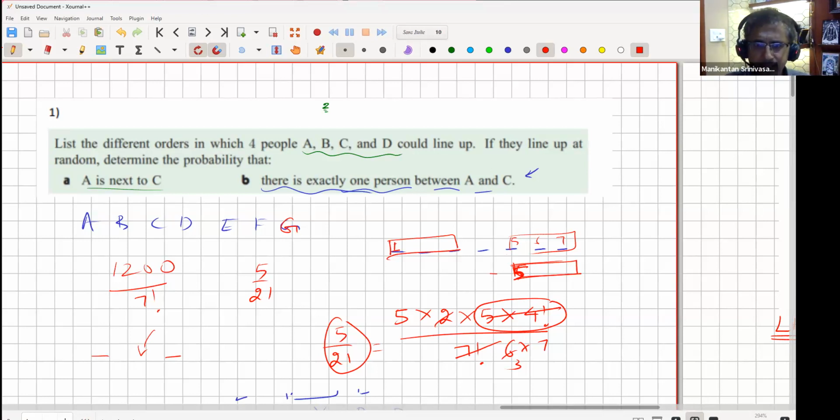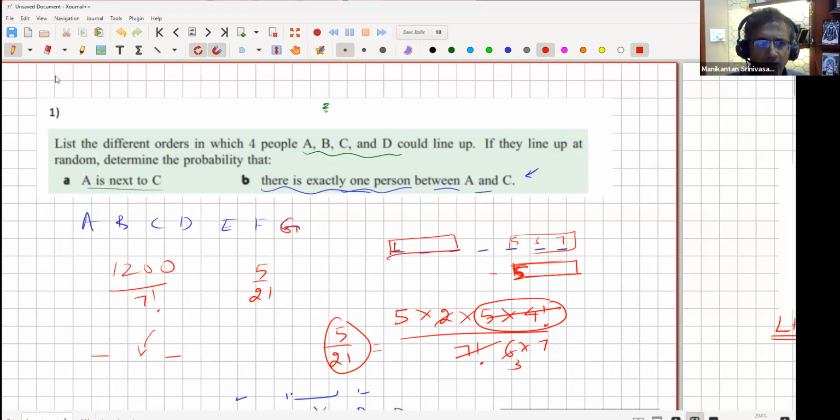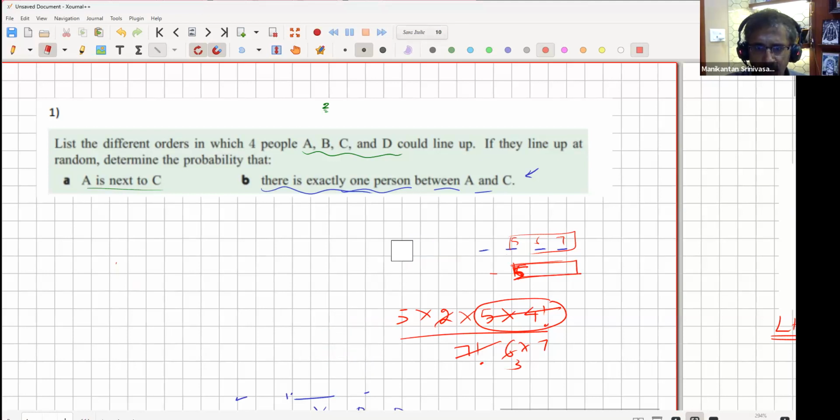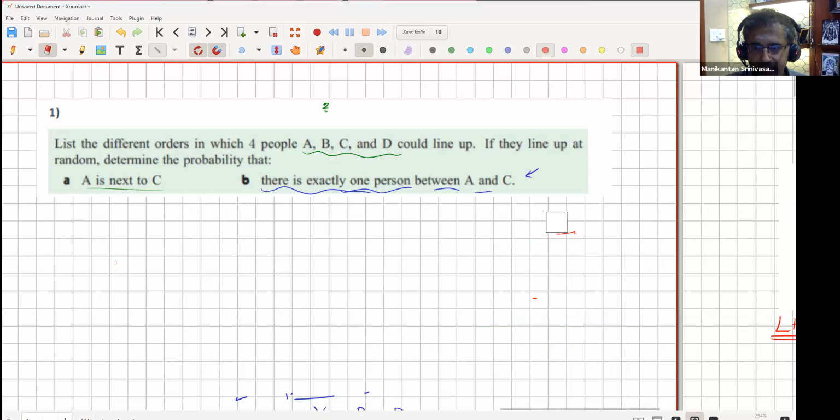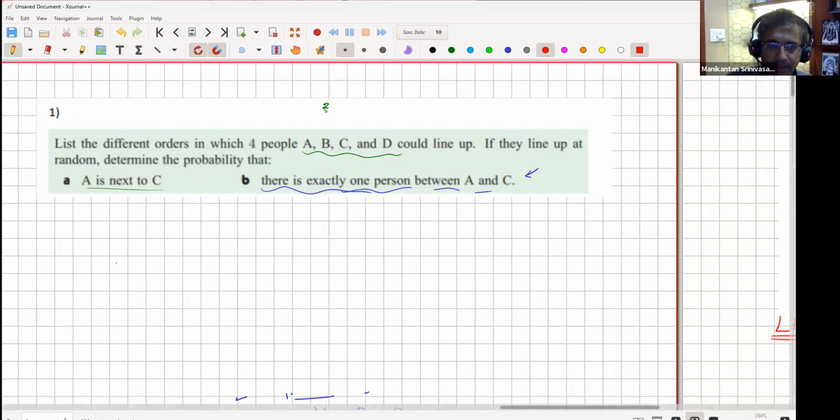Okay, does it make sense? Another variant of this question. What is the probability that... okay, actually, let's come back to that later. I was going to ask what is the probability that A and C are not sitting next to each other. That we can just do quickly.